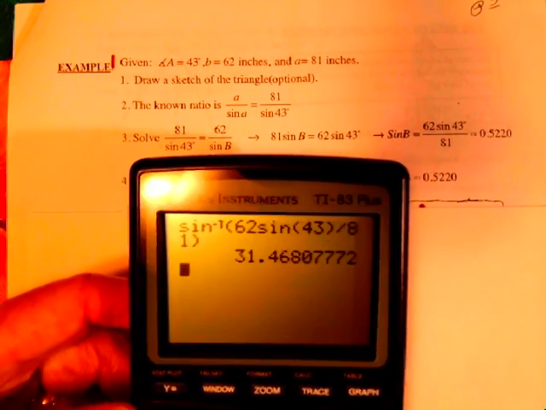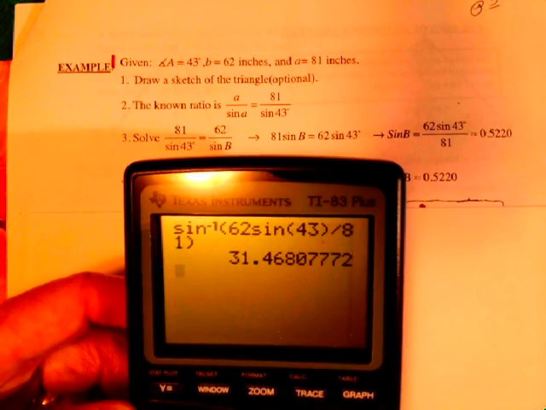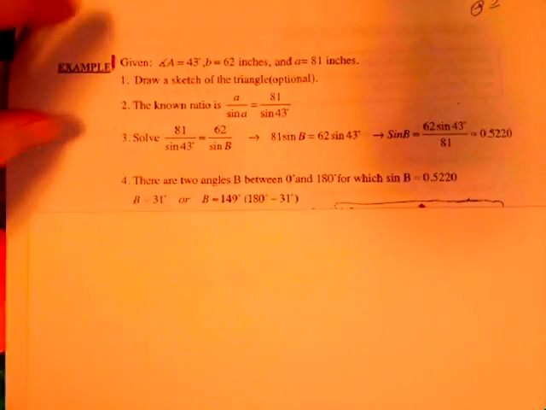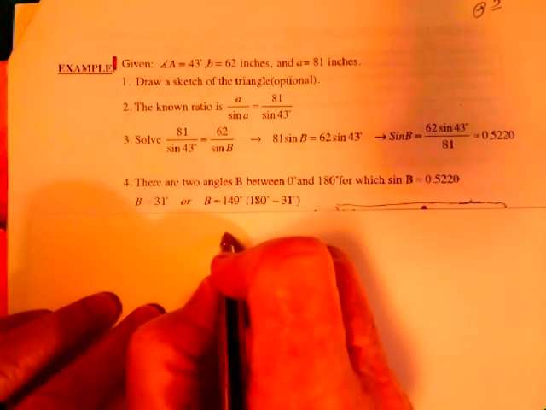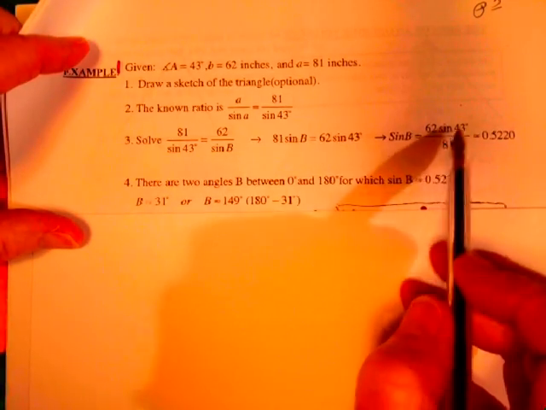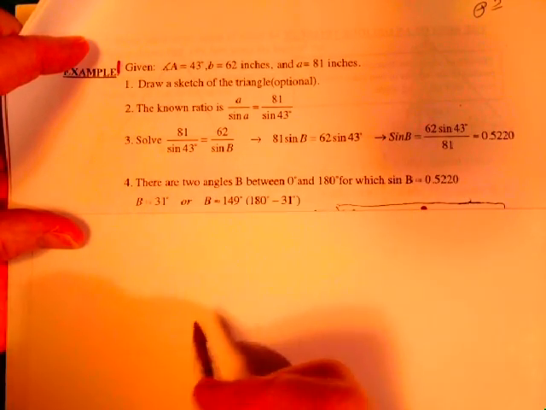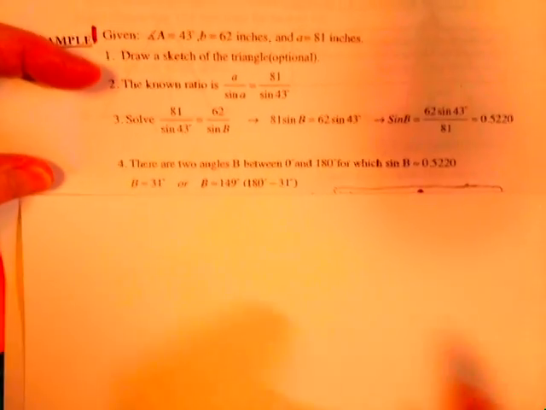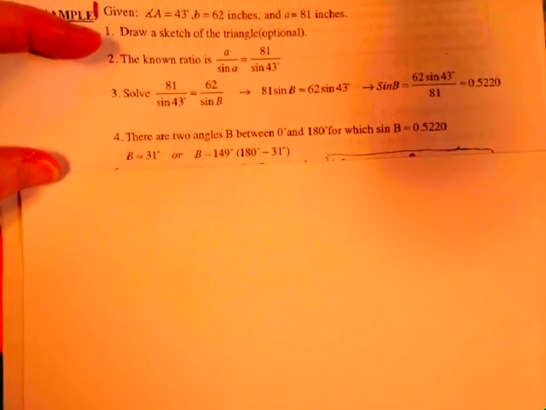So if you need to jot down what you did to use your calculator, we'll do it now. You're doing second sine of this. Whenever you do that, you're going to come out with 31.4 degrees. We're just going to say that it's 31.